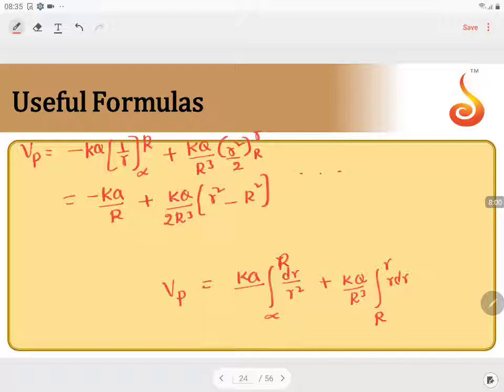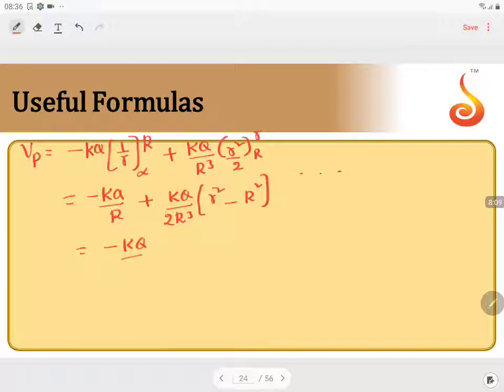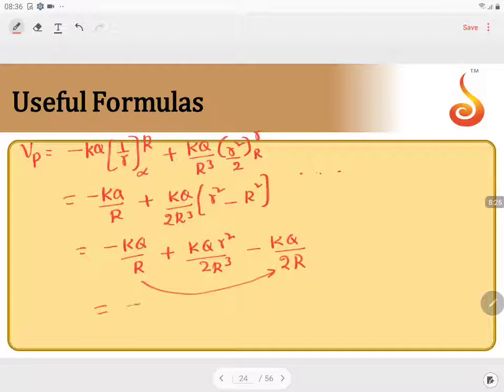If you simplify this, you will get minus kq by R plus kq r square divided by 2R cube minus kq by 2R. If you add these, you will get minus 3 by 2 kq by R plus kq r square by 2R cube.